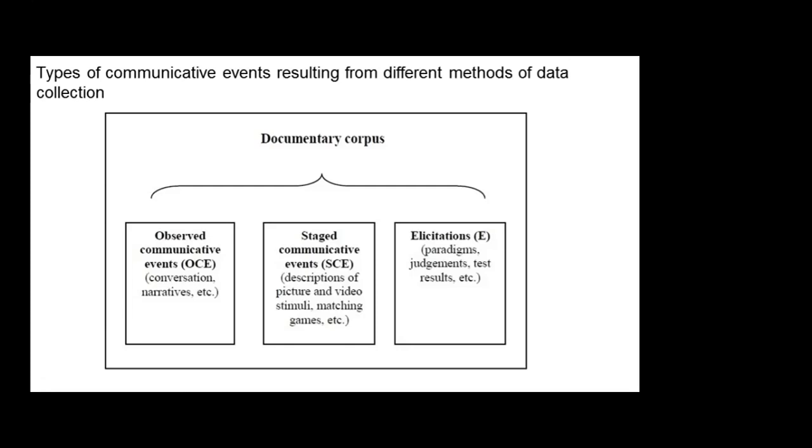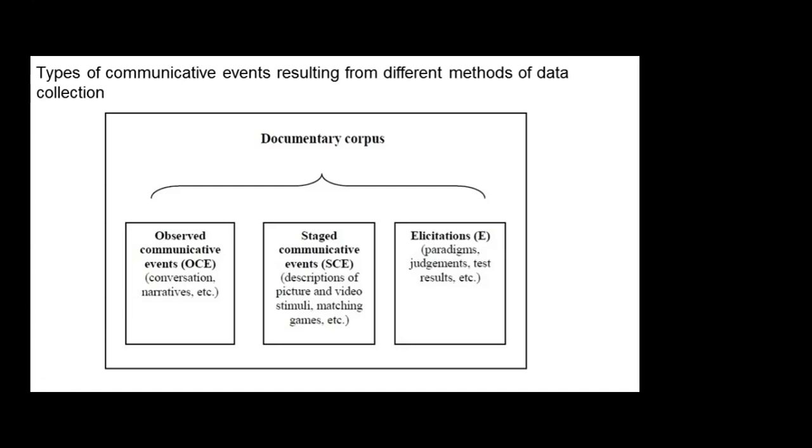We come to another important point described by Lübke in his article, and it's about documentary corpus. There are usually 3 types of documentary corpus which are interconnected with one another. Let me briefly stop on them and explain them as well.